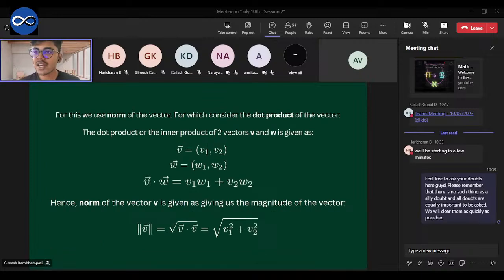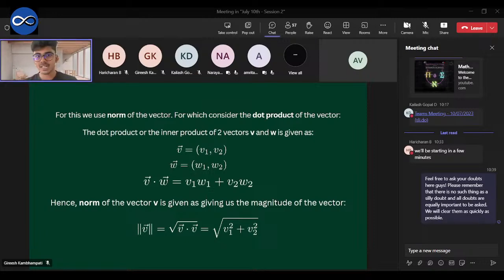So if you want to generalize something, we could use the norm. Okay, so norm is something that uses dot product. Now, a dot product of two vectors is given as follows. If we have two vectors, v1 comma v2 and w1 comma w2 as v vector and w vector, then the dot product of v vector and w vector is v1 w1 plus v2 w2.